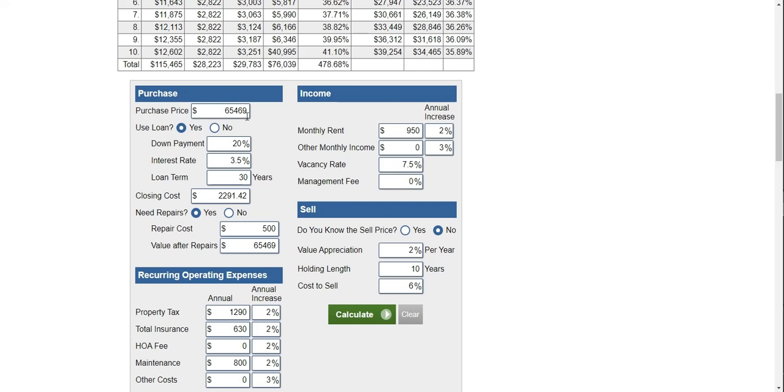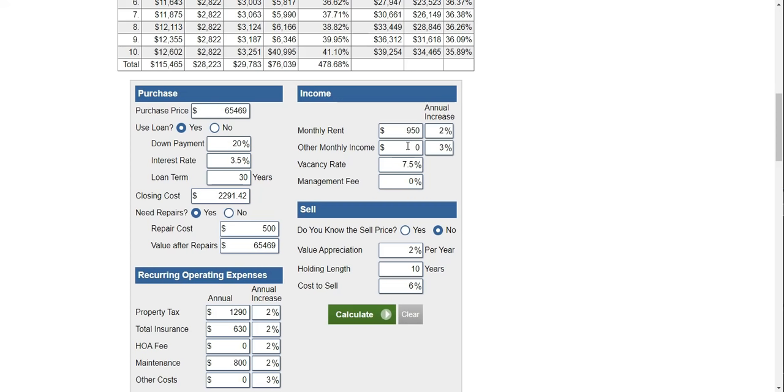Just remember, when using this calculator, if you're on this section and you change the purchase price, you will also need to come down here and change the closing cost, because this closing cost, remember, was calculated at 3.5% of the purchase price. So if you change the purchase price, you need to come down here to this column and change the closing cost as well.